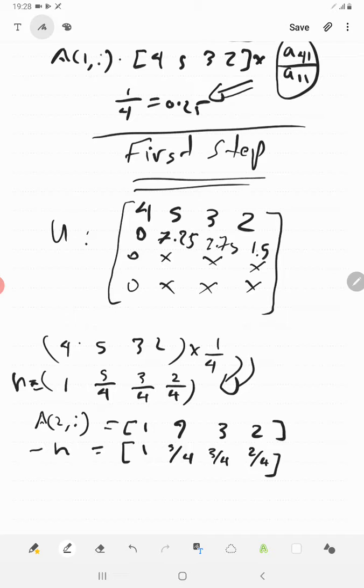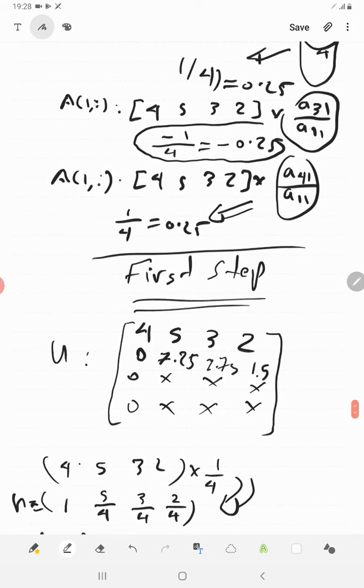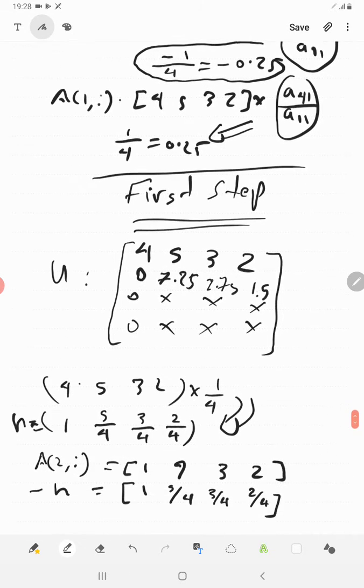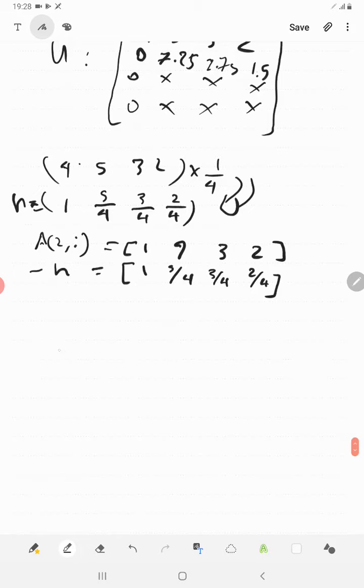Now in multiplications, these are 3 elements. The first is 0.25, the second is minus 0.25, and the third is 0.25. Now we insert them in here, we come to L.